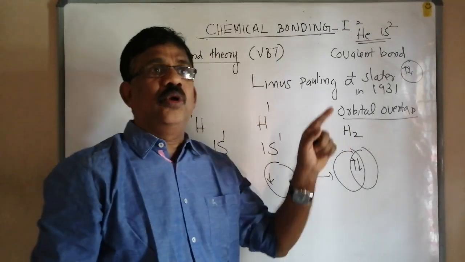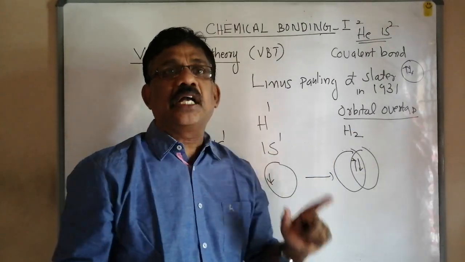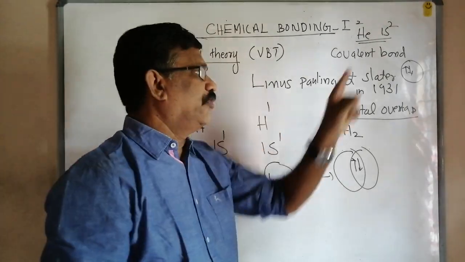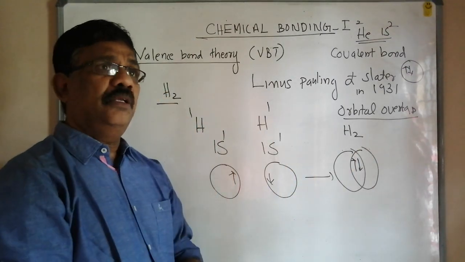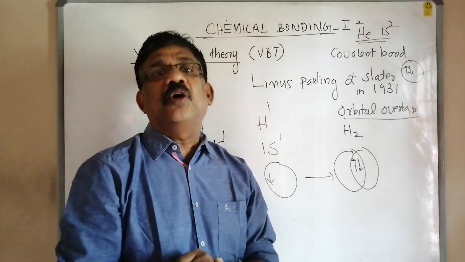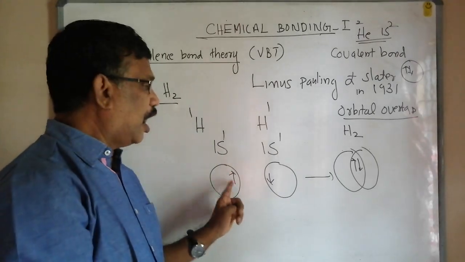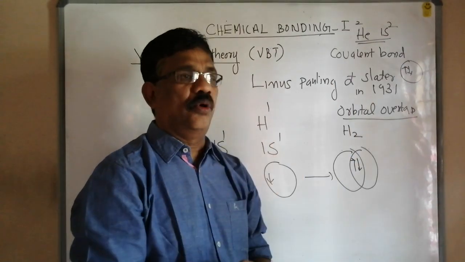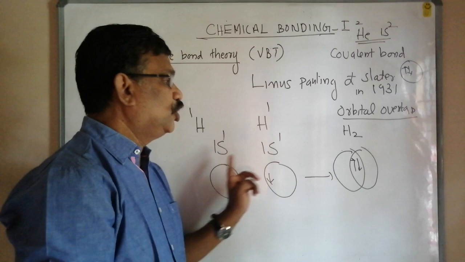This H2 molecule is stable because both atoms acquire a stable noble gas configuration like that of helium, 1s2. So H atom is unstable, but H2 molecule is stable because the half-filled orbital becomes full-filled. And a covalent bond is formed between two H atoms.